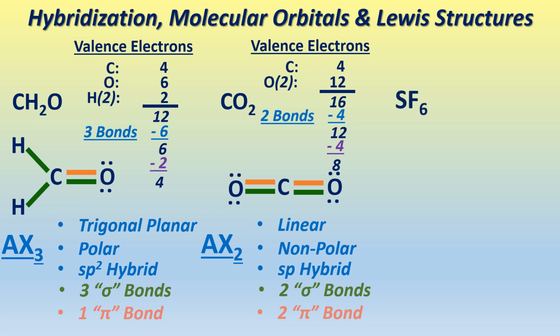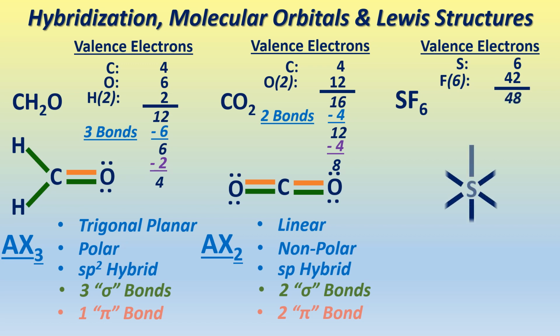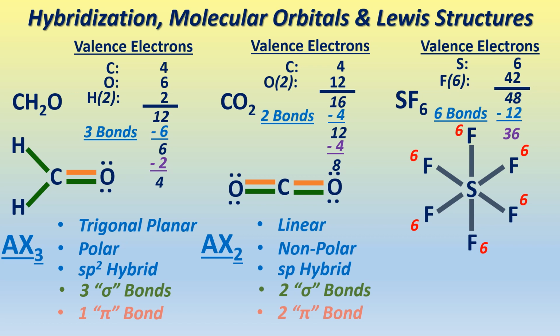Finally, a molecule that was again shown before, SF6, where sulfur has 6 valence electrons. Each fluorine gives 7, for a total of 48 electrons in the molecule. As fluorine only forms 1 bond, you have 6 bonds formed, taking care of 12 of the electrons. Each of the 6 fluorines needs 6, taking care of the 36 remaining.